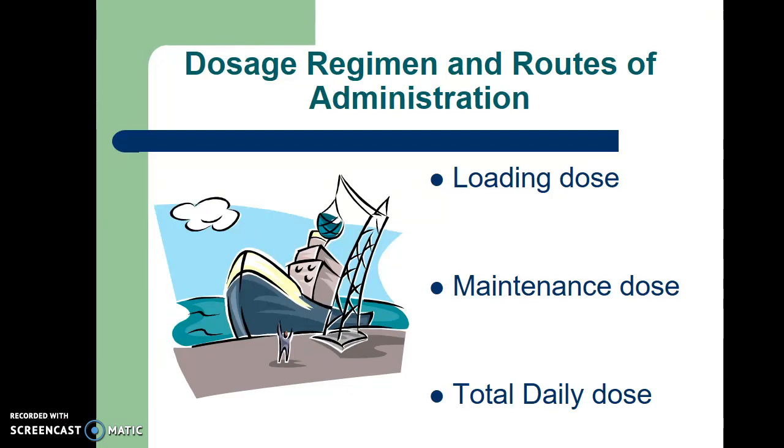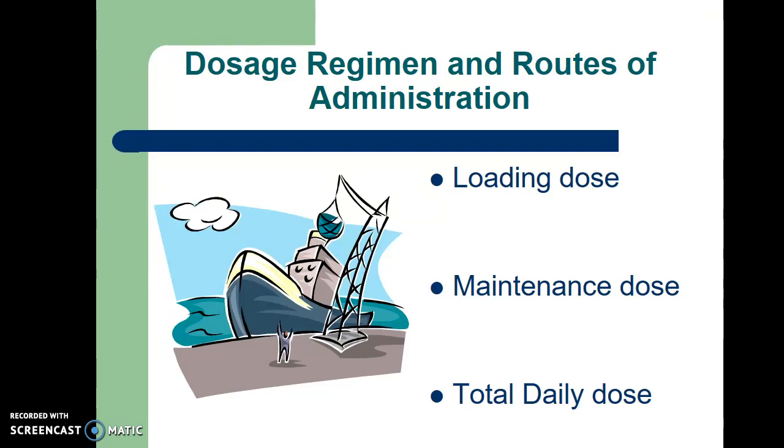And then total daily dose. Some drugs in the formulary, they will allow you to give a drug 3 times a day or 4 times a day. It's a different amount each time, but it adds up to the same total daily dose. It's just either spreading it out more or giving it more concentrated.